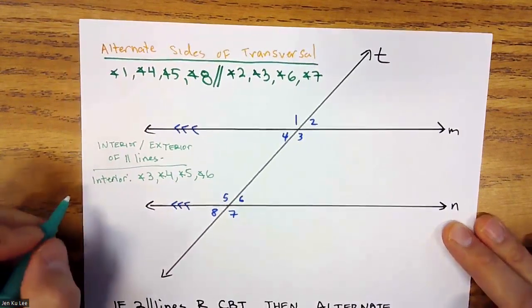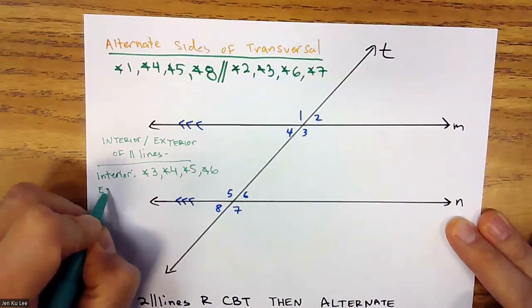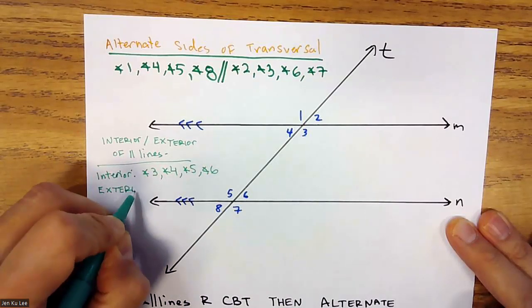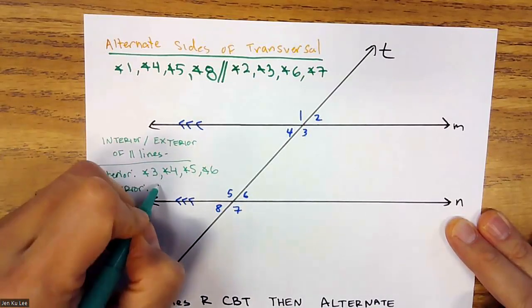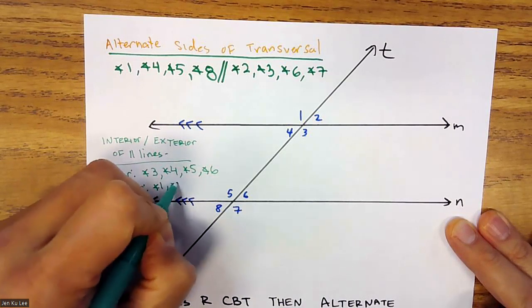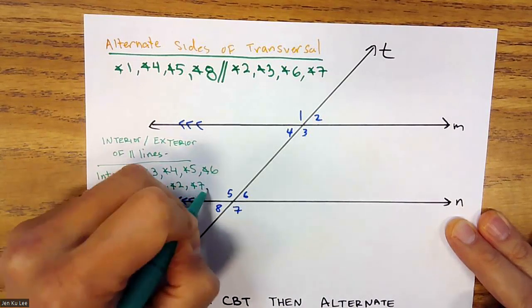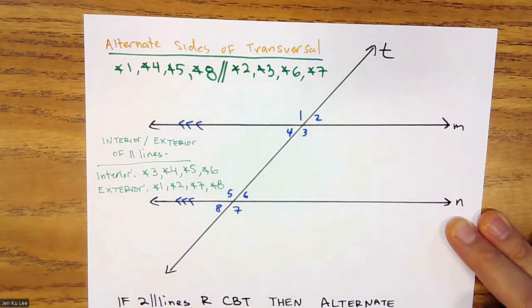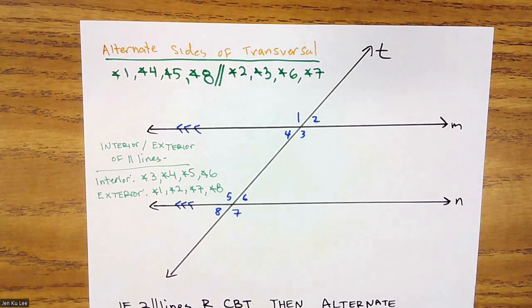The exterior, or on the outside, we're talking about angle 1, angle 2, angle 7, and angle 8. That makes sense? So the description of the angle itself shows you which angles they are talking about.